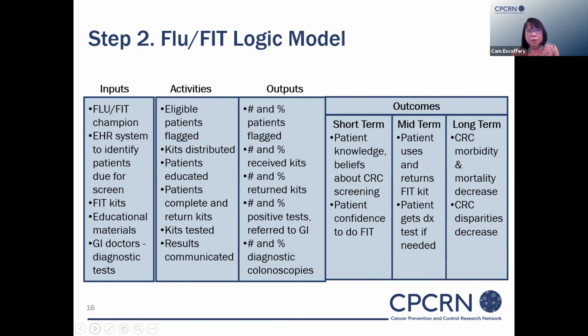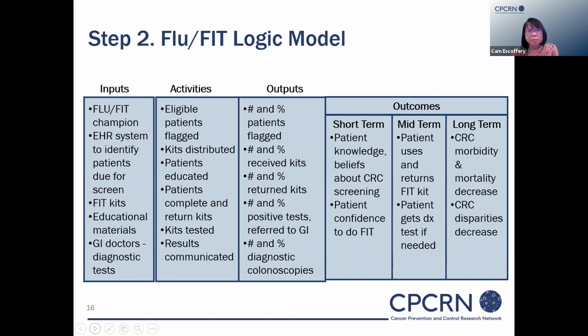This is a program that tries to get people who are coming in for their flu vaccination, whether it's in a clinic or pharmacy, to also consider getting their colonoscopy through a fecal immunochemical test, or FIT test. And so it's trying to do that double whammy of two preventative health measures at once.